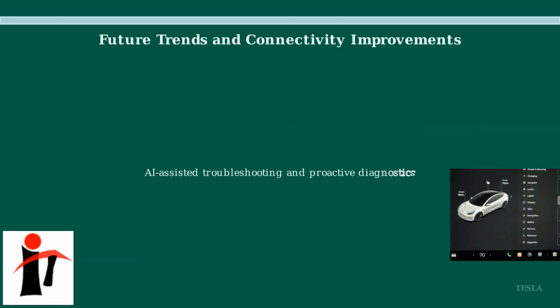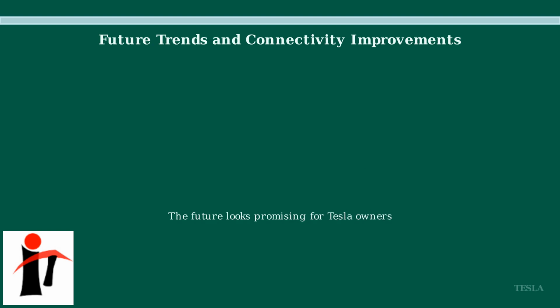Expect proactive diagnostics and AI-assisted troubleshooting in future app updates, using machine learning to predict and prevent connectivity drops. By 2027, experts predict a 50 to 70% reduction in connectivity issues through frameworks like autopilot connectivity. The future is looking good for Tesla owners.